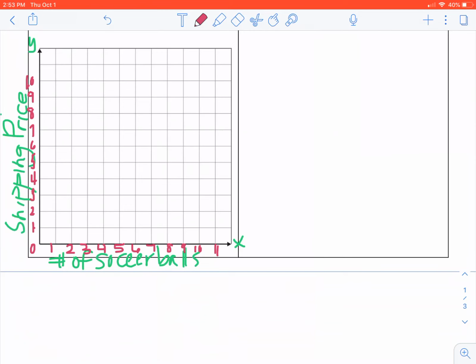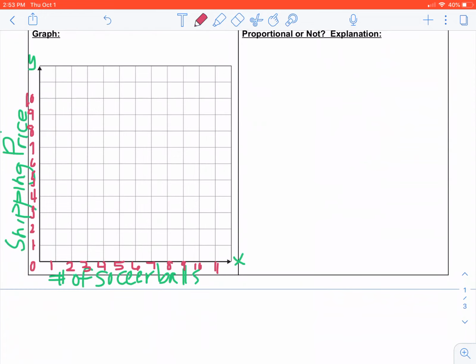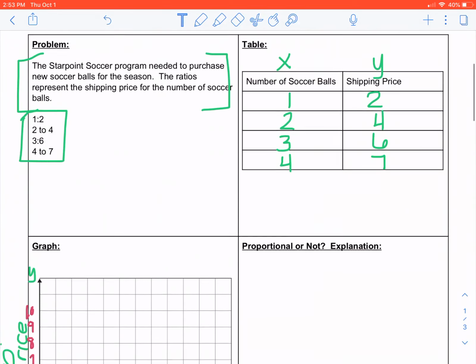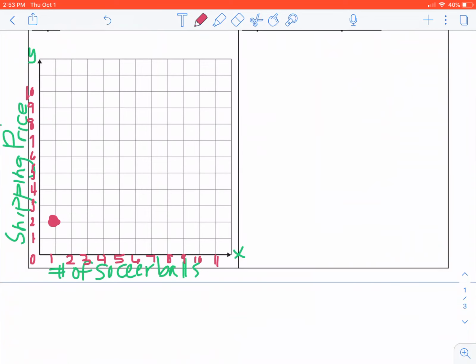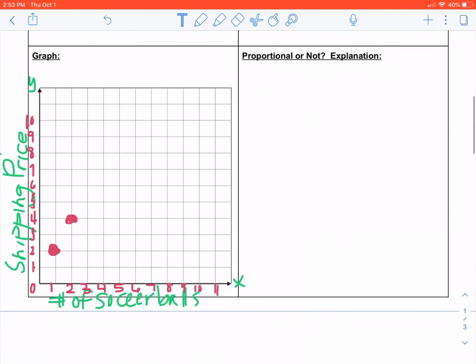All right, so now let's graph those points. So the first one is 1, 2. So just like yesterday in class, we walk to the 1, we go up to 2. So our first point goes at 1, 2. All right, let's see. The second point is 2, 4. So I'm going to go over to 2, up to the 4. Make your second point. Then we have 3, 6.